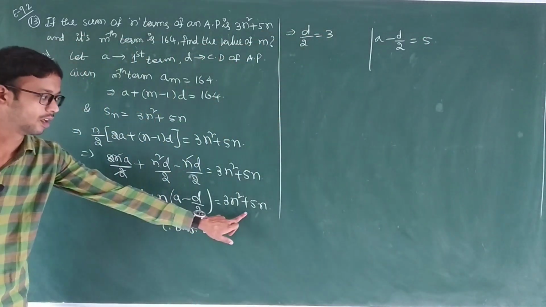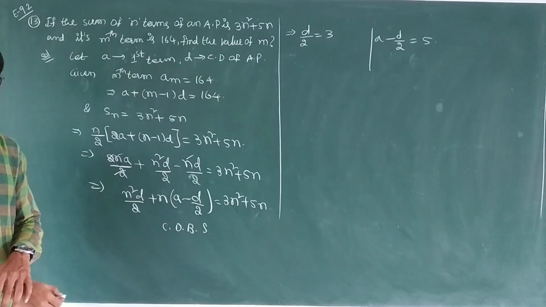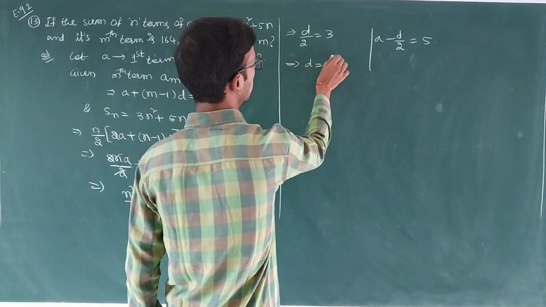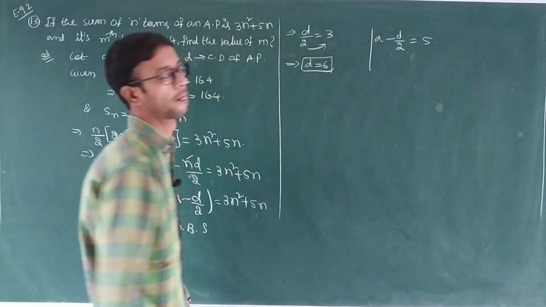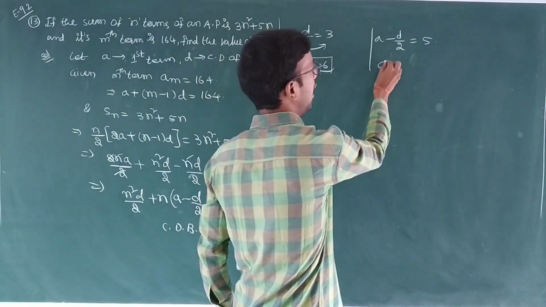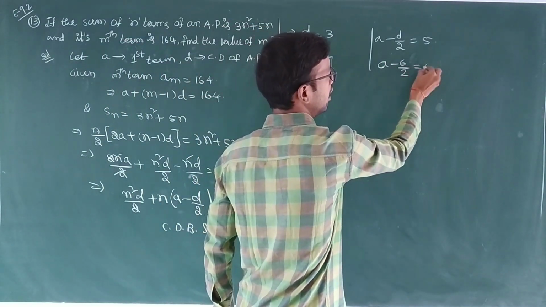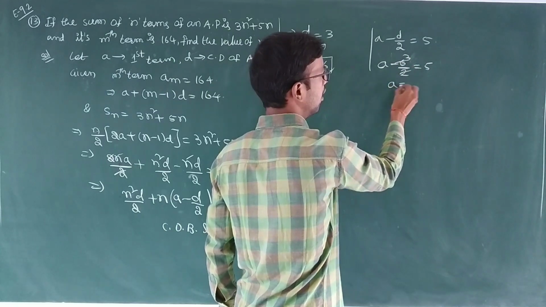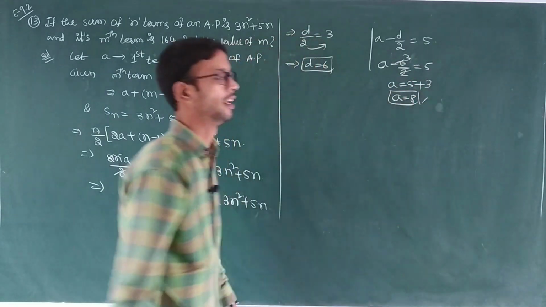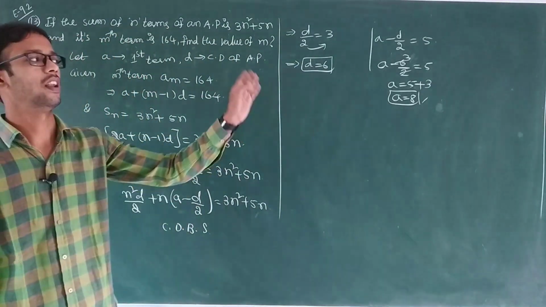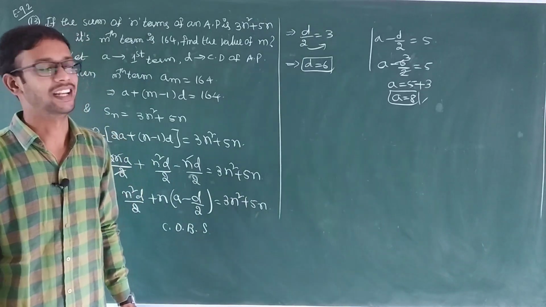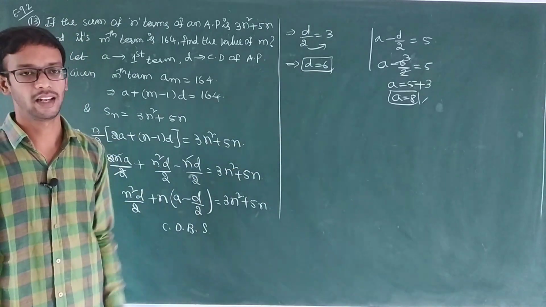So now I'll make the simplifications. d is equal to 6. This 6 value substitute here: a − 6 by 2 is equal to 5. 3 is 5 plus 3, a is equal to 8. 2 3s are 6, 3 and negative is there, positive you will get. Total 5 plus 3 is 8. a is 8, d is 6.